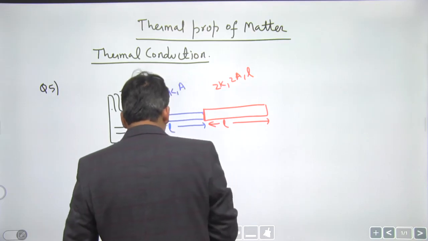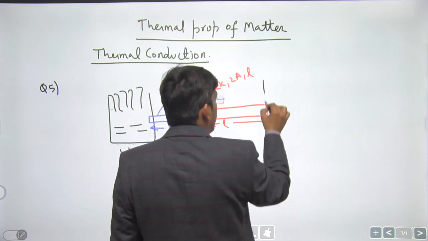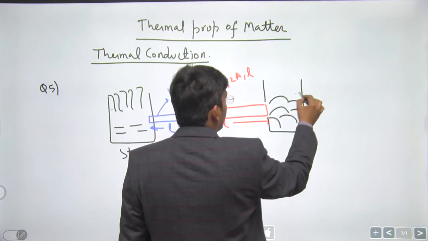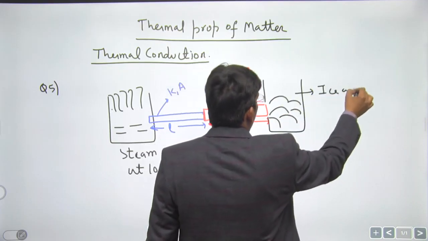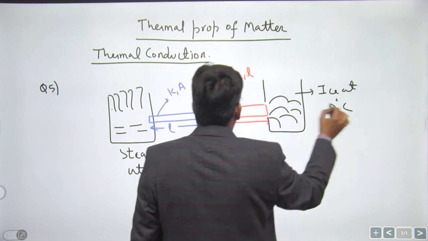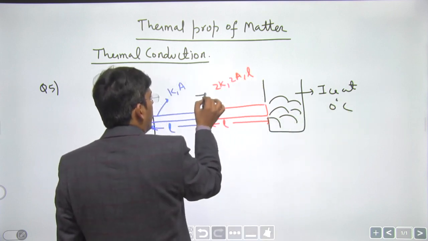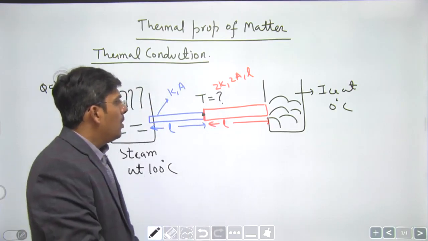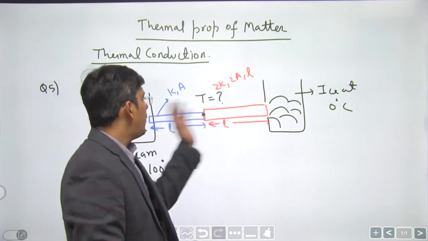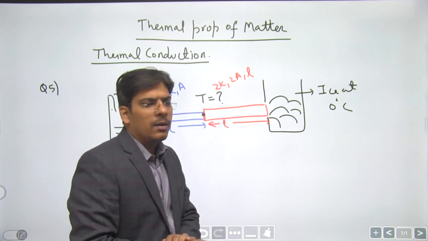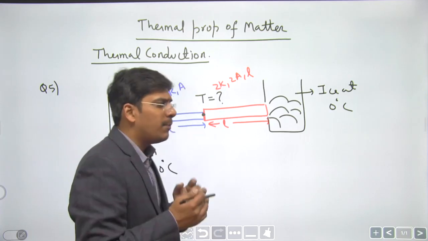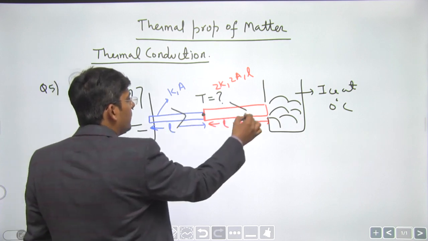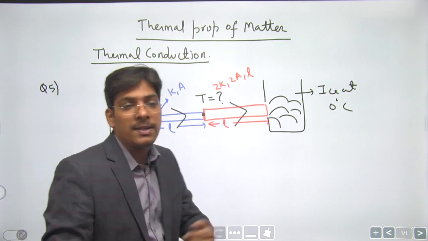The other conducting slab is immersed in an ice bath at 0 degrees Celsius. And as per our expectation, they are asking us to calculate the temperature of the junction, dear students. Obviously, we can use the section formula here, but let me solve this question with the help of a simple concept also: since both these slabs are in series, we expect the current to be the same in series.